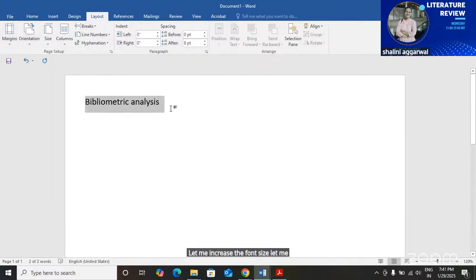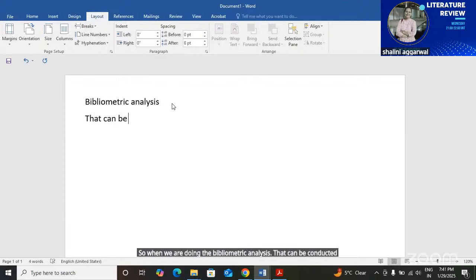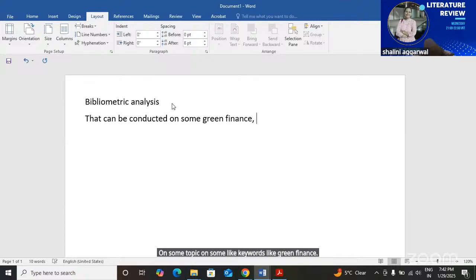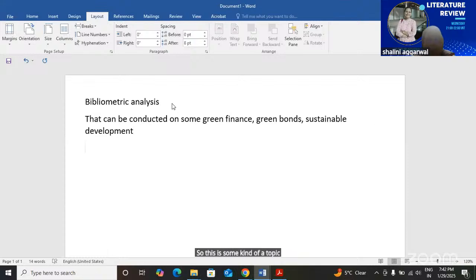When we are doing the bibliometric analysis, that can be conducted on some topic, on some keywords like green finance, green bonds, sustainable development, right? So this is some kind of a topic. This is one way to conduct a bibliometric analysis.